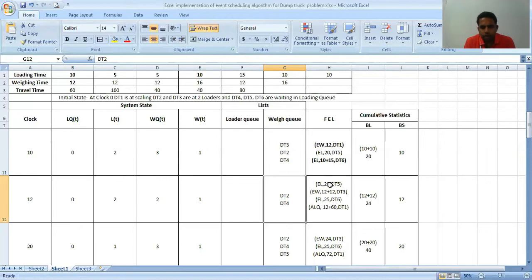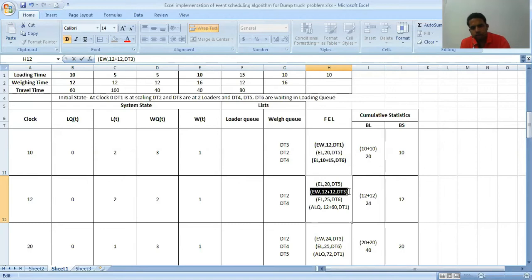And EL, 20, DT5 is already there, the next imminent event. And EW, 12 plus 12, DT3 is the new notice which is included with respect to the weighing machine.